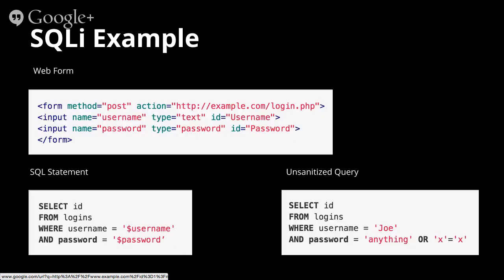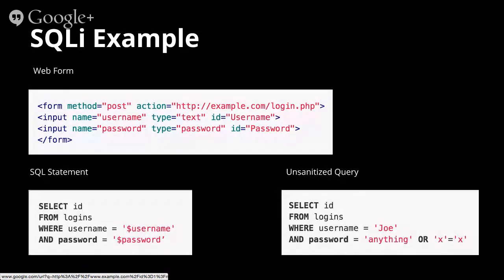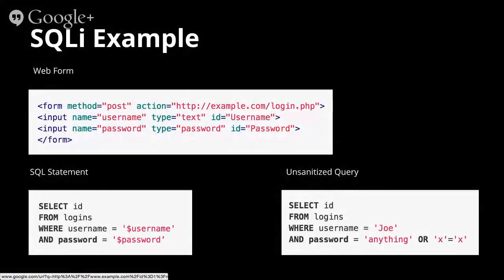So SQL injection, this is how it works. Basic example, a login page. You have a web form that accepts a username and a password. You have a SQL statement: select ID from logins where username equals $username and password equals $password.